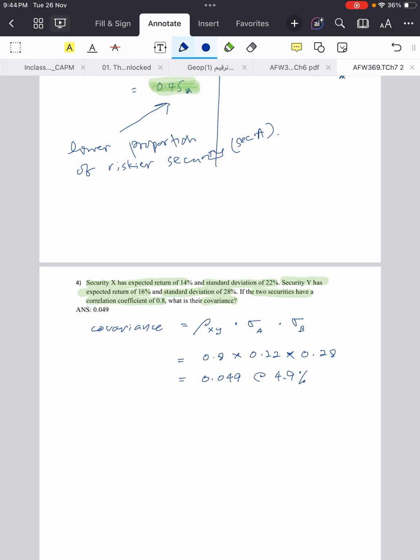It is the correlation coefficient times the risk of security A times the risk of security B. So you just plug in the numbers: 0.8 times 0.22 times 0.28, and you will get a covariance of 4.9%.